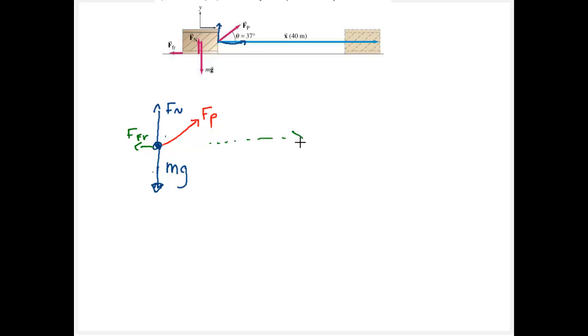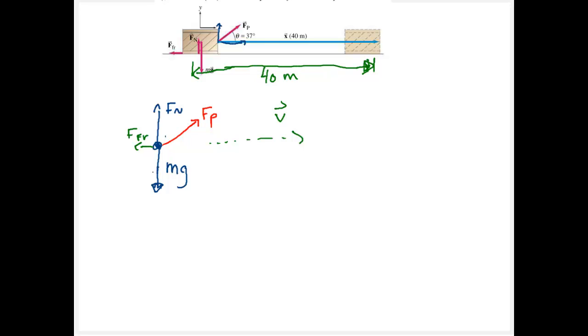And we know that motion is going to be in that direction right there. So in the positive x direction, we're going to move that box a distance of 40 meters.